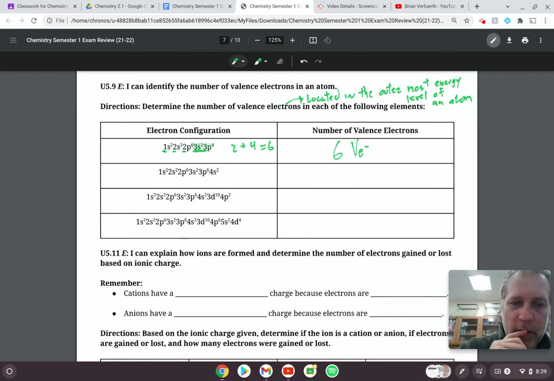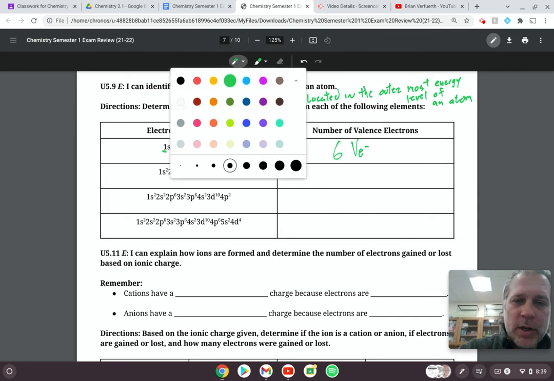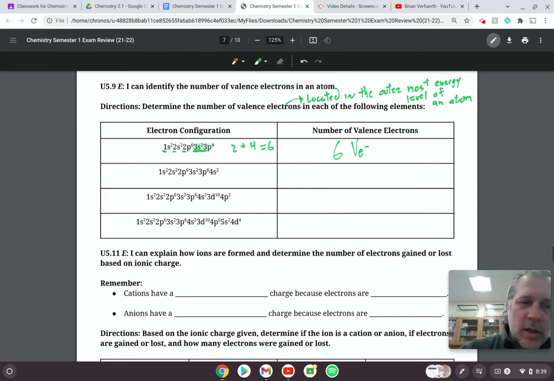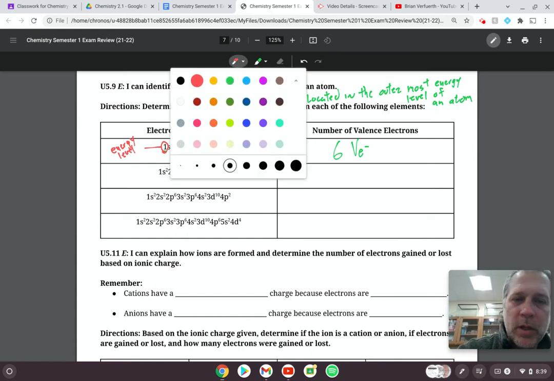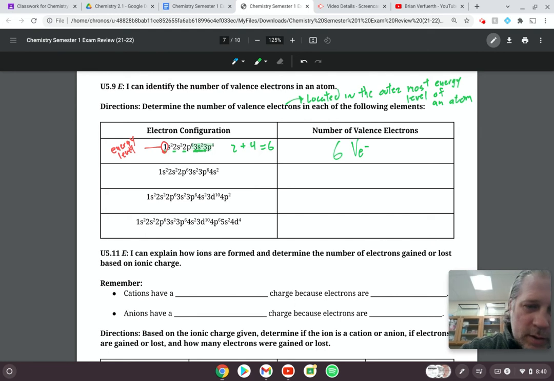So going back one more step here, I guess I should probably dissect this a little bit more. That number there is the energy level. This letter here, the P, the S, the D, as you're going to see, is the shape.